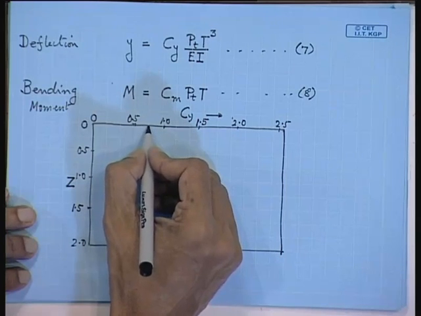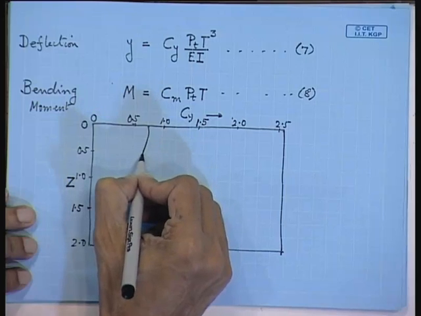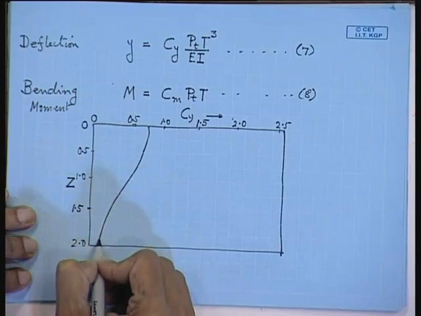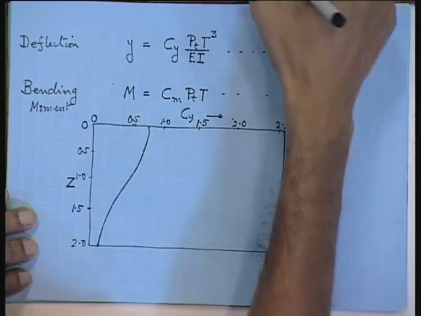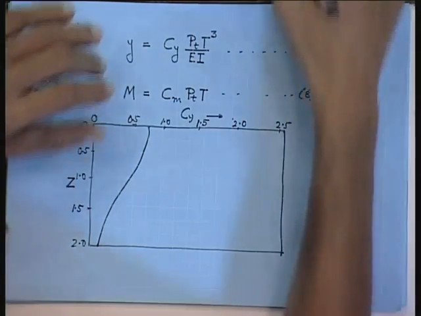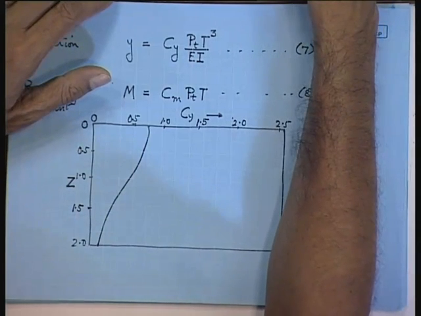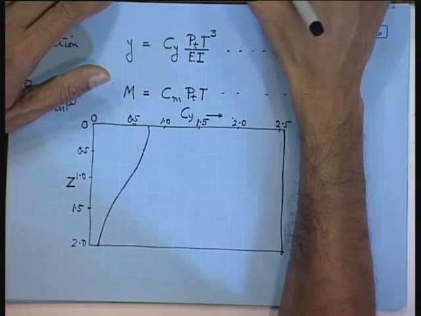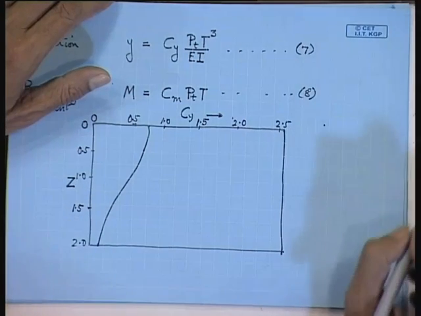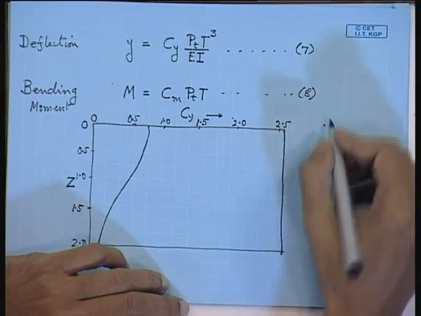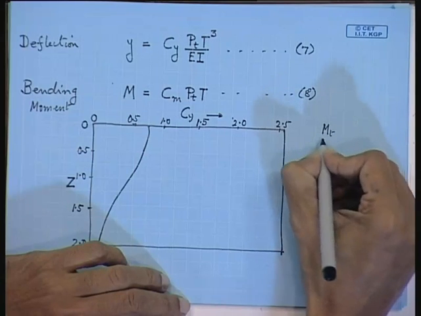It starts somewhere around here. Now, you plot this for various series of values of this MT. That is why we have brought this thing out. In both the coefficients Cy and Cm, you will find MT Pt over T. So, these are actually non-dimensional coefficients. So, this you plot against values of this.